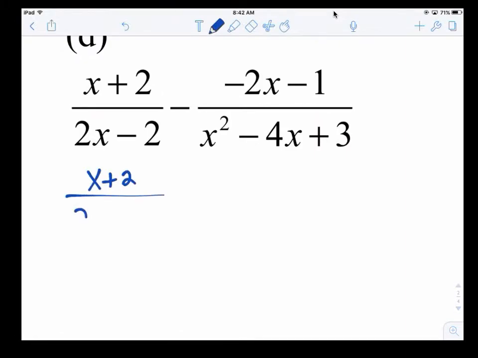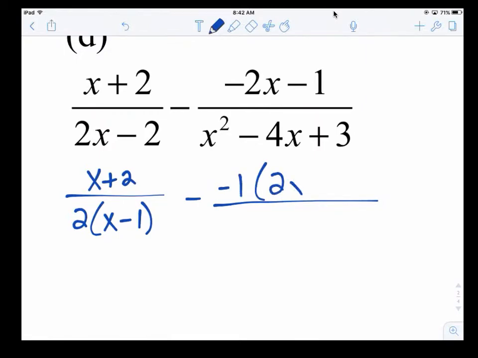I can take out a 2, right? So that would give me x minus 1. Could I do anything on the second term? Okay, so that gives me 2x plus 1 over x minus 3.